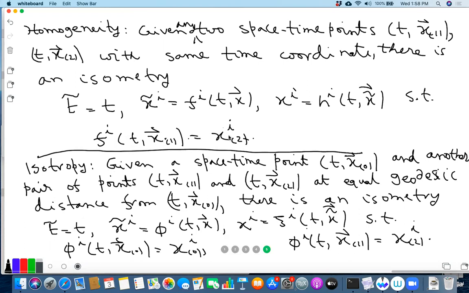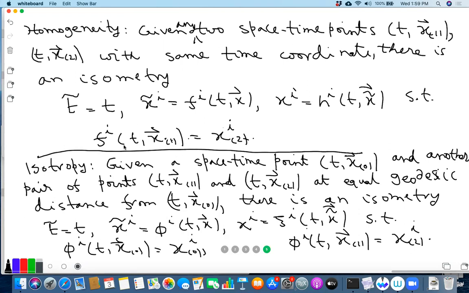You think of this as just a translation in space, that's the simplest example. If you have flat space, then it's homogeneous. And what we mean by homogeneous is that there is a transformation, the simple translation, where x2 will be x1 plus a, which moves any point to any other point. Now, this is a more general definition, where the transformation need not be a simple translation. It can be a complicated function, as long as it takes the point x1 and gives you back x2, and this should hold for any pair of points.